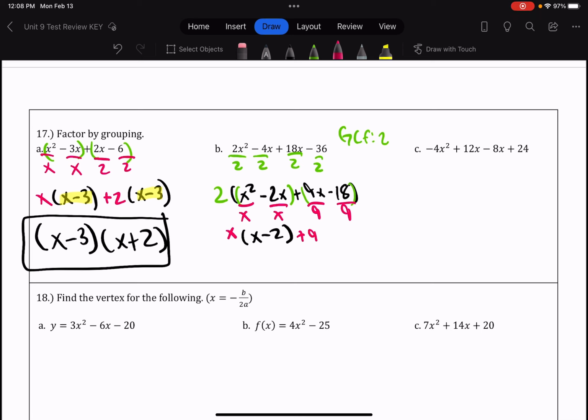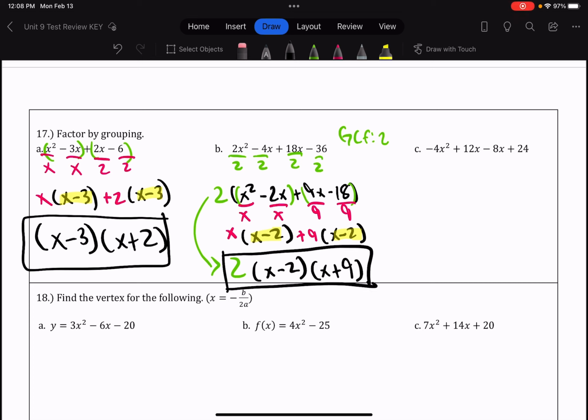That leaves me with a positive 9 on the outside, and on the inside I've got x minus 2 again. Those are the same thing. So bring down that initial factor of 2, and I've got x minus 2 and x plus 9 as my factored version of this polynomial expression.